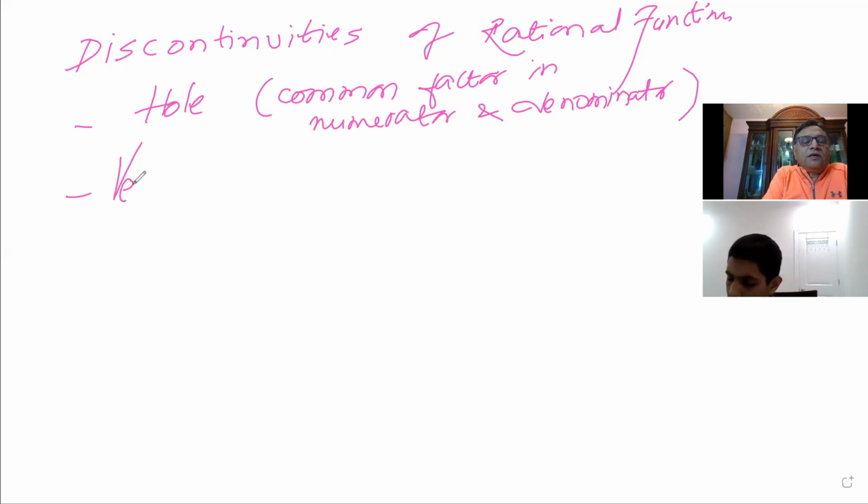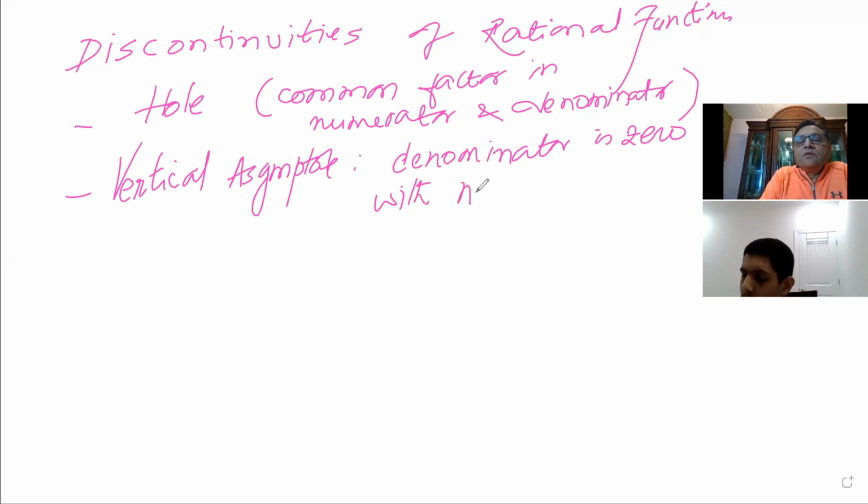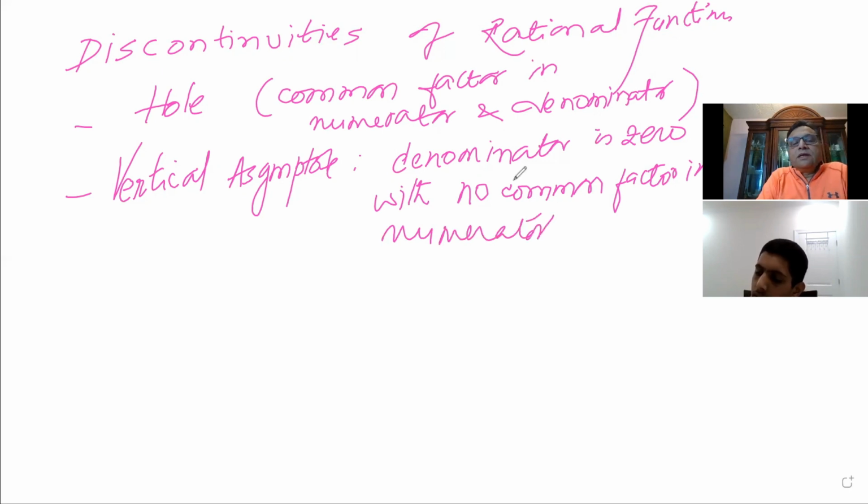Second, we discovered the vertical asymptote. That means the denominator is 0 with no common factor. Is that clear to you?